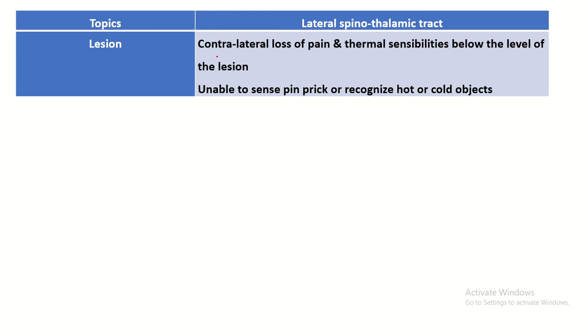There is loss of pain and thermal sensation below the level of the lesion, and the person is unable to sense pinprick or recognize hot and cold objects. But light touch and pressure sensation and other sensations like two-point discrimination and vibration are still present.